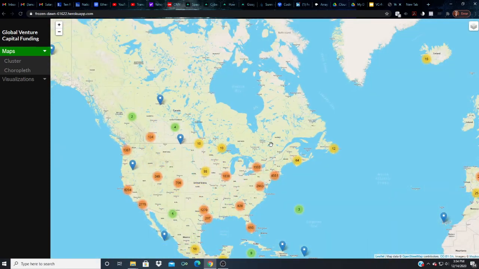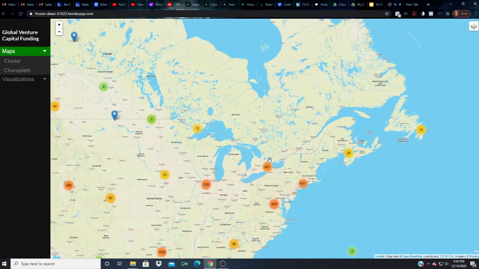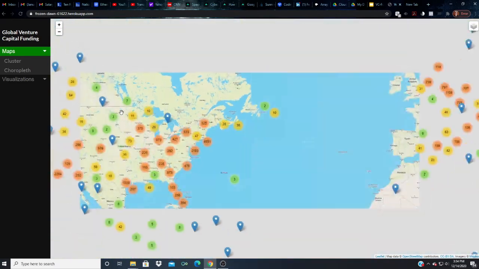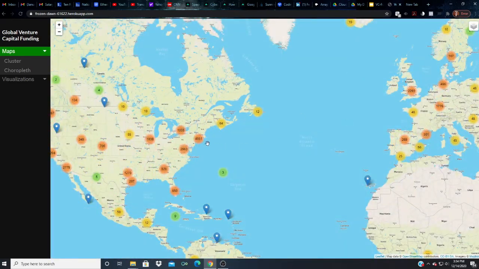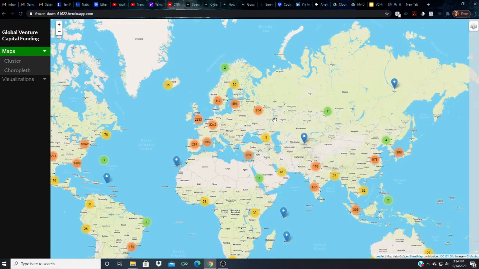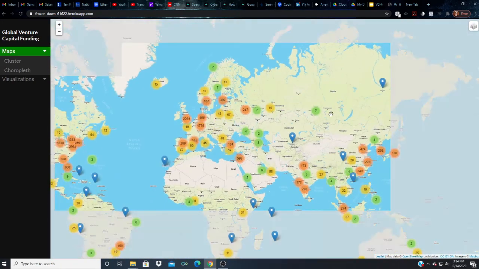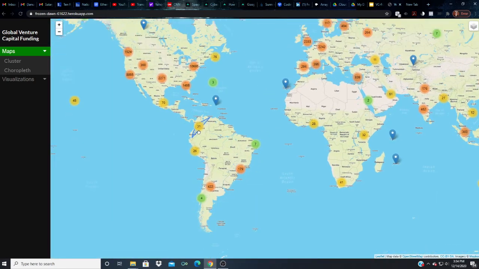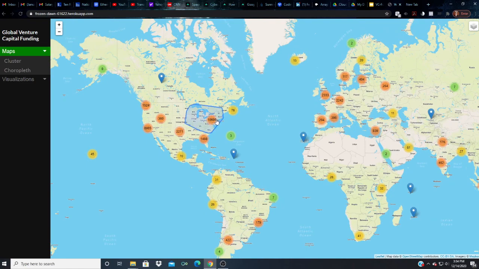That's a good way of finding different sorts of information by examining the different maps and seeing different trends or anomalies or features that seem like they wouldn't make sense, or they do, or like where the funding is.